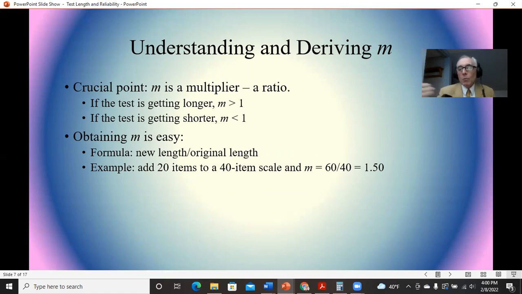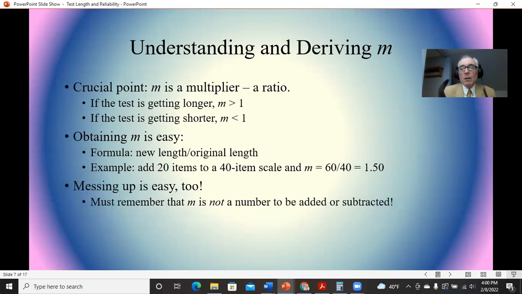Again, notice that it's always greater than 1 if we're making it longer. So getting it's pretty easy. New length divided by old length. That's all we really have to do. It's also very easy to louse this one up. Forgive me if you would never do this, but I've seen it happen too many times. When you get m, it's not the number of items you're going to add to or subtract from the test.